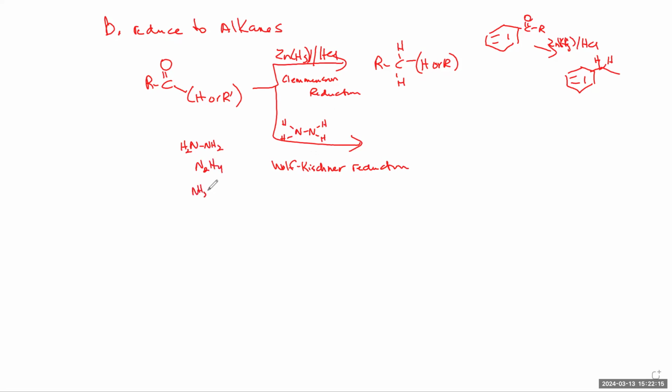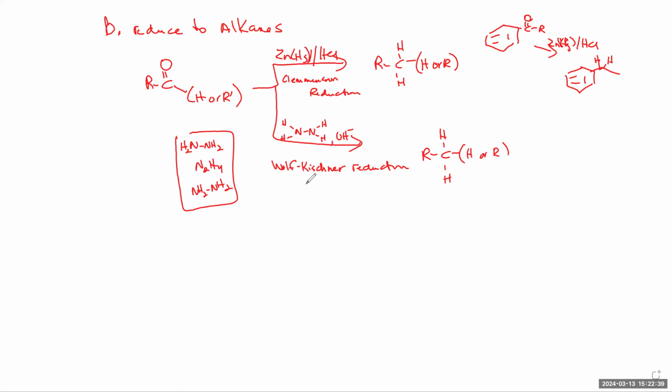All of these things are the same, right? They're all the same thing. Under basic conditions, so under hydroxide, you'll get the same product. So both of those conditions give the same product. It's just a matter of which one you want to be under, acidic conditions or basic conditions.